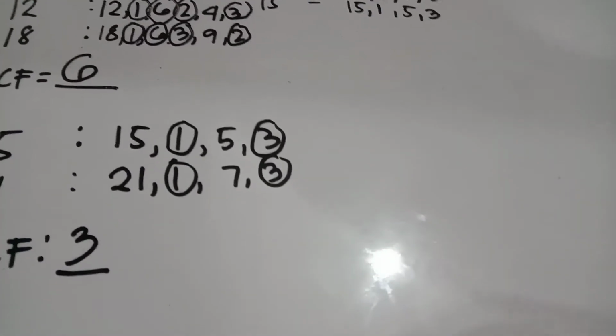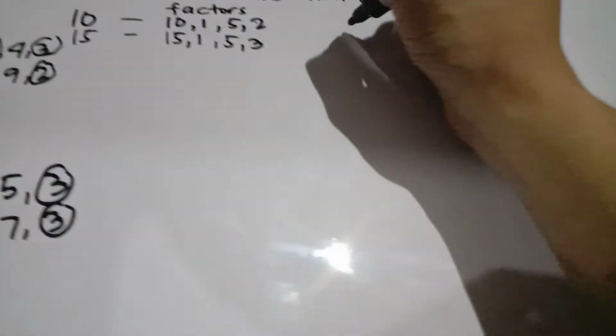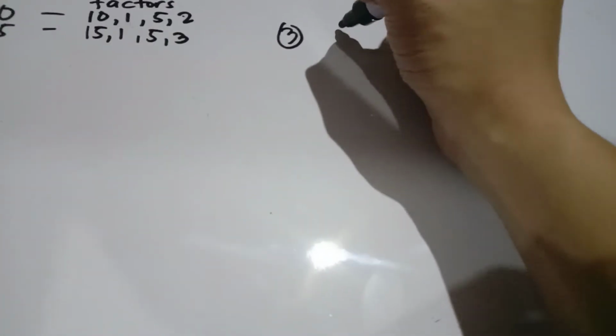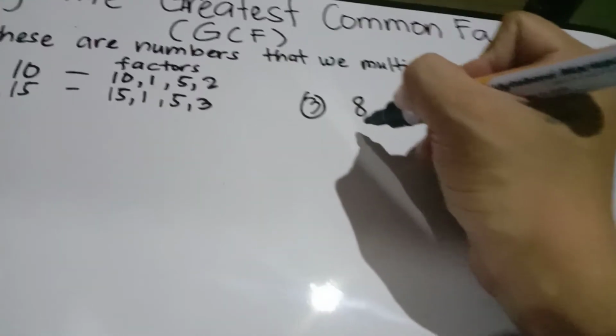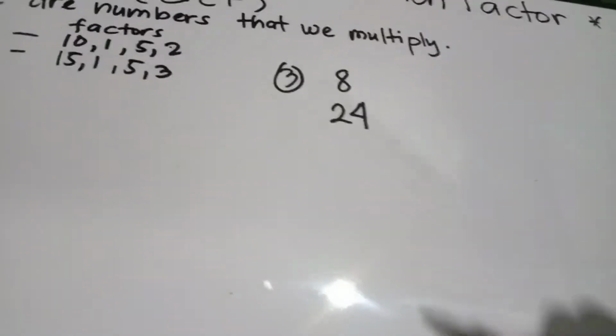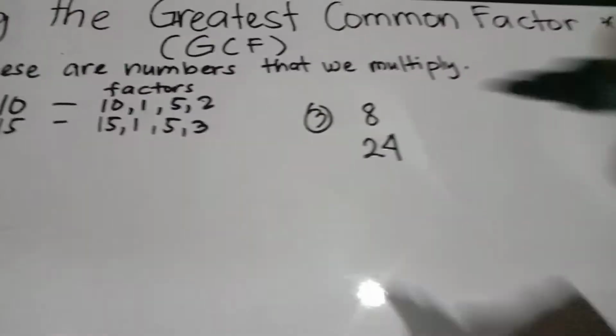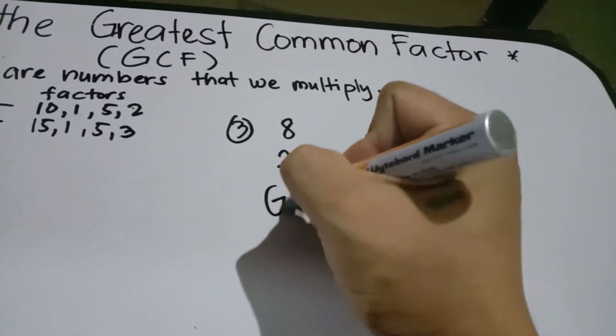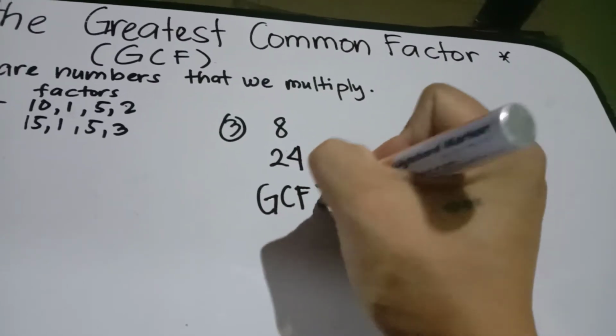Okay, another one. Let's have example number 3. Let's try 8 and 24. Let's try to find the GCF of 8 and 24.